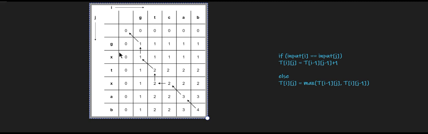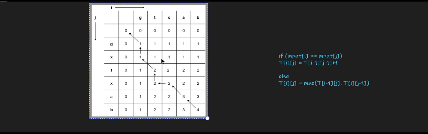Here also the last characters are not matching. So we again take the maximum of this 1 and this 1. We get 1. Similarly, when we compare GTC with GX, the last characters don't match. Hence again we go with this logic, that is the maximum of the left adjacent column and top adjacent row. So again we get 1.